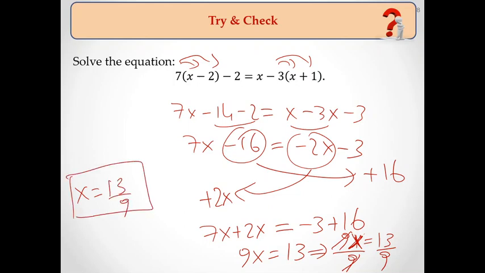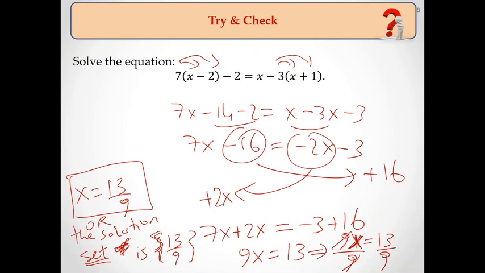You can write your answer this way, or you can say the solution set of the equation. The solution set is 13 over 9. But since we are talking about a set, we have to put the parentheses.